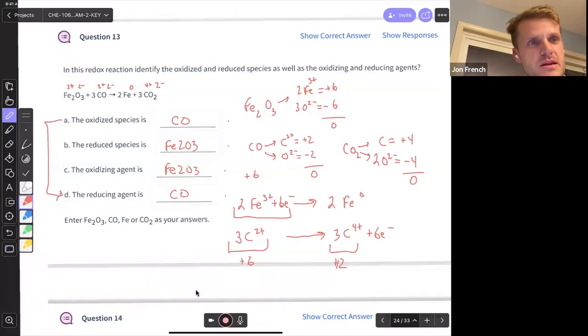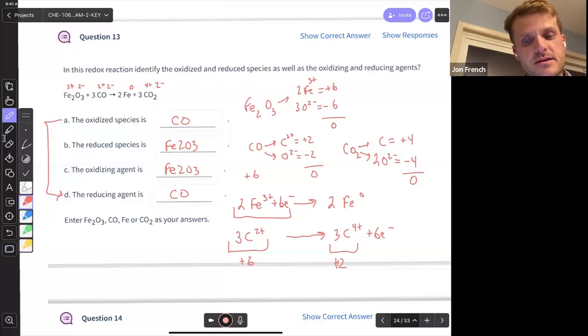Yeah, iron shouldn't be an answer. Correct, thank you, Ravi. Even though the iron got reduced, it was not elemental iron that got reduced. It was iron in the iron 3 oxide that got reduced. It's the oxidizing agent, not the oxidizing species.